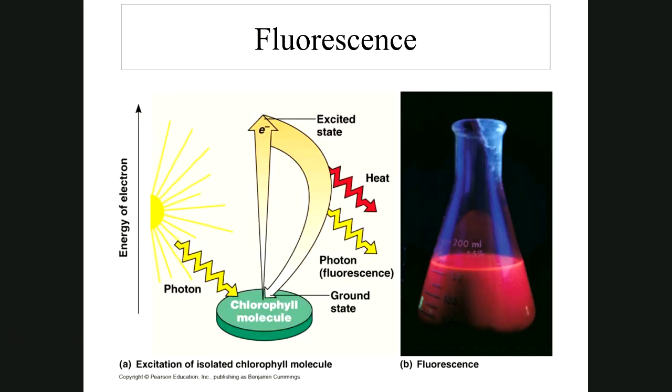Okay, now this is fluorescence here, and you can see on the right hand side there's a little beaker. It's showing red, and what's happened here is sunlight has been shining on these chlorophyll molecules, and as it shines on them, the electrons are excited and they jump from pigment to pigment to pigment, eventually going into the center chlorophyll molecule.